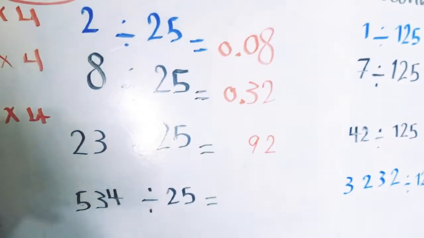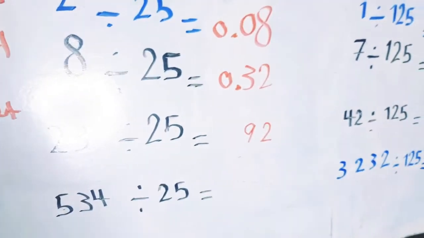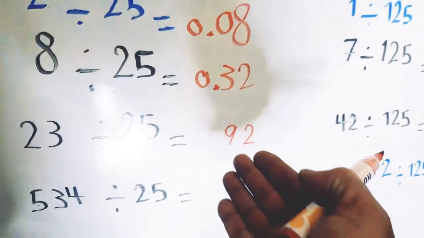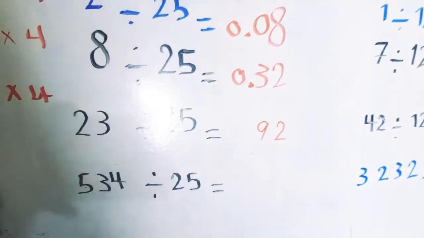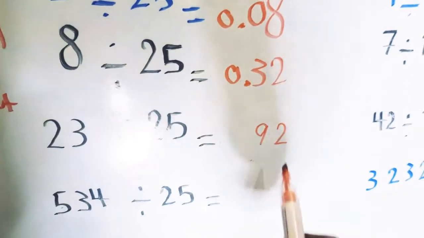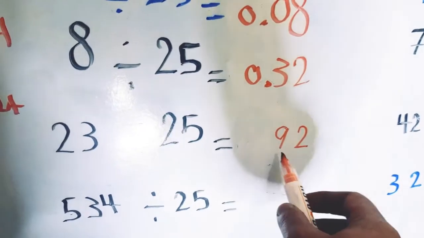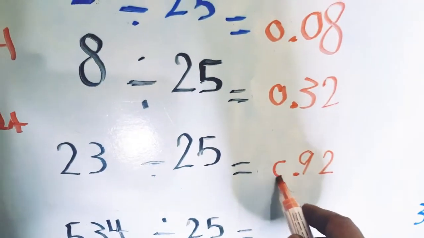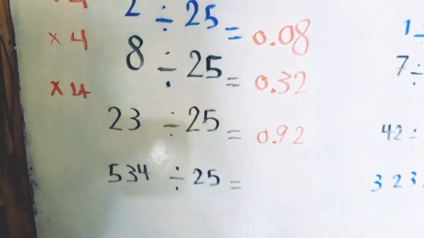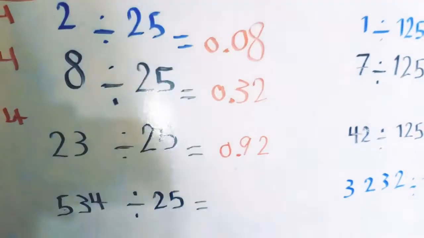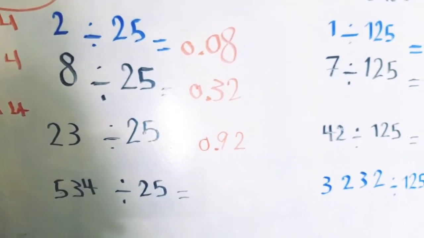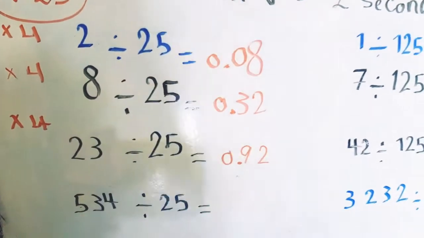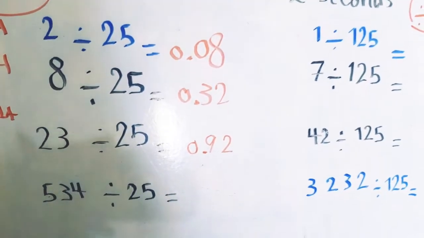As we have just said, we need a 2-digit number at the right side. And of course, we have a 2-digit number at the right side. This is the first step. The next step is to put a decimal point followed by 0. So 0.92 is the correct quotient of 23 divided by 25.